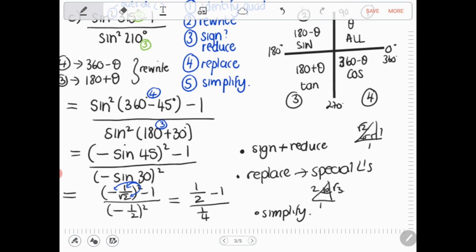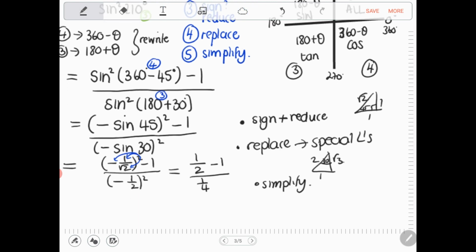Okay, square the top, square the bottom, square the sign. And then we're going to finish off a half minus 1. You can either get a common denominator, or you can tell me that that is negative a half over a quarter. And then we change division to multiplication, invert the fraction at the bottom, multiply top with top and bottom with bottom, which gives you negative 2 as my answer. So my simplification is purely arithmetic there.